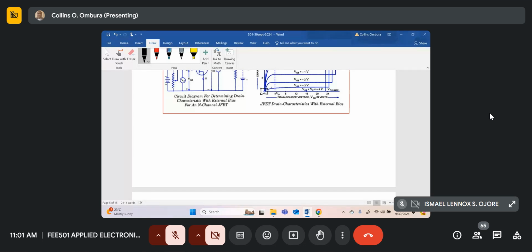So if you expand the characteristics near the origin, you get curves just like that.